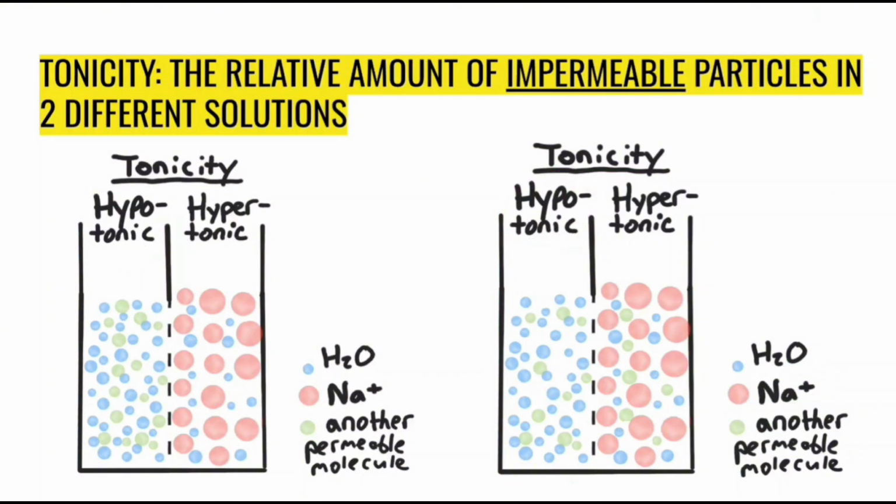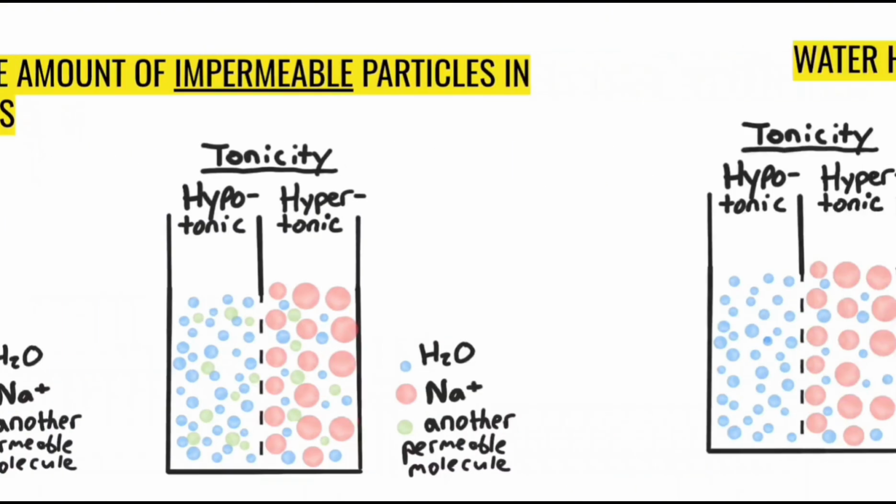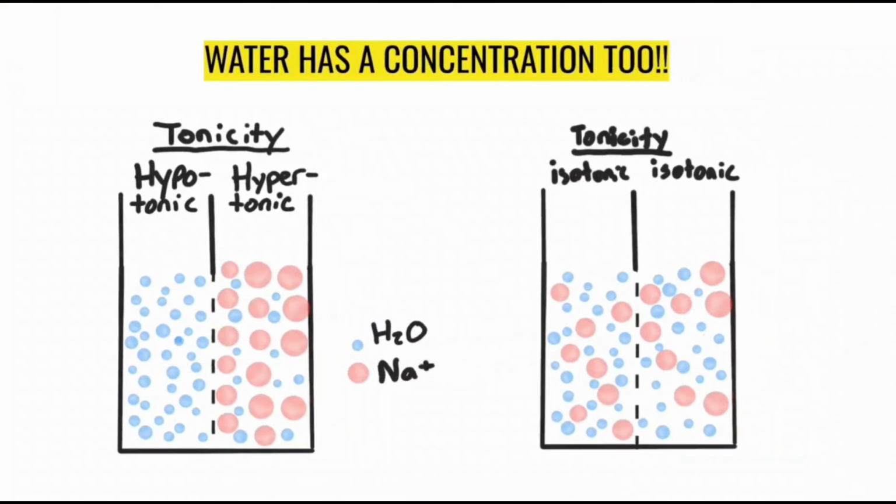The side that has more of the impermeable molecules is called hypertonic. In this case, we have more of the sodium molecules. So we can have a hypotonic solution that has fewer impermeable molecules or a hypertonic solution that has more impermeable molecules. So that's where the name comes from, hypo and hypertonic.